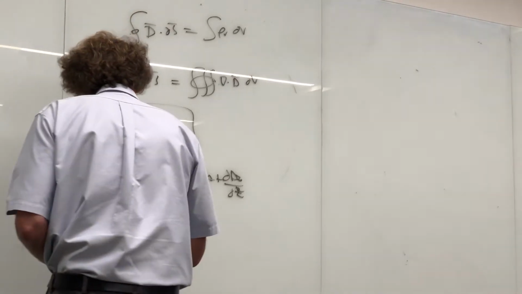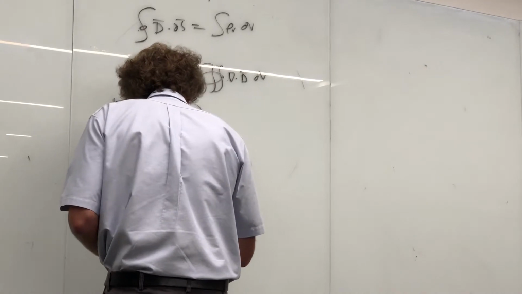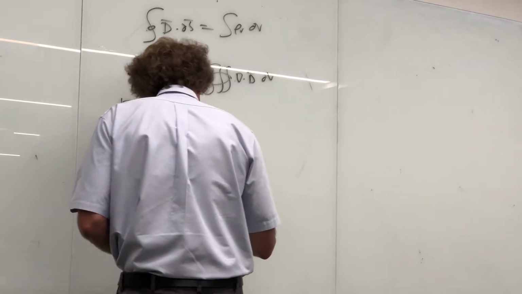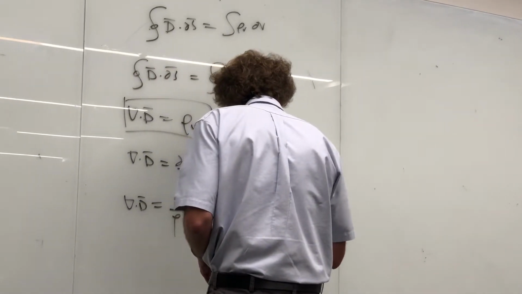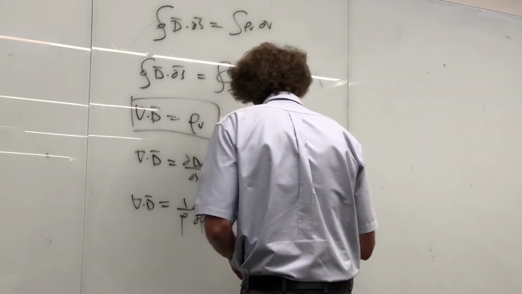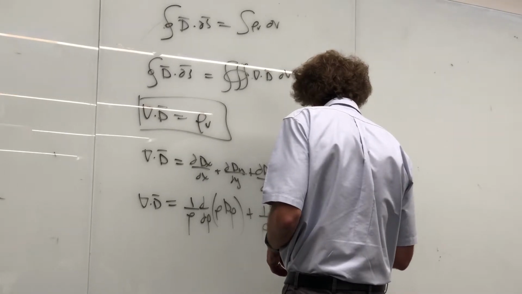If I take the divergence of D in cylindrical coordinates, it's 1 over rho d/d rho of rho times D rho, you can look in the back of the book, plus 1 over rho d/d phi of D phi plus dDz/dz.